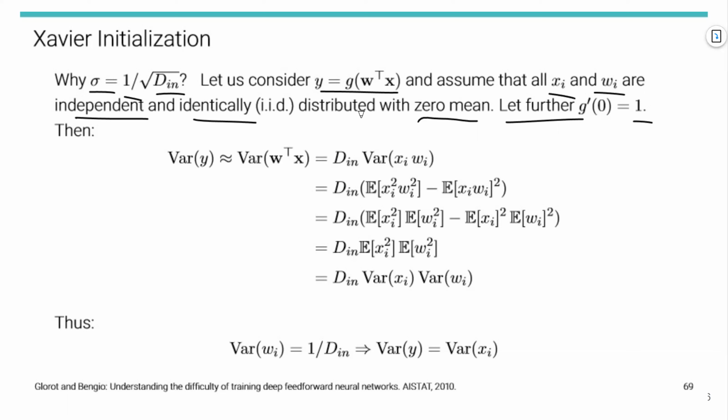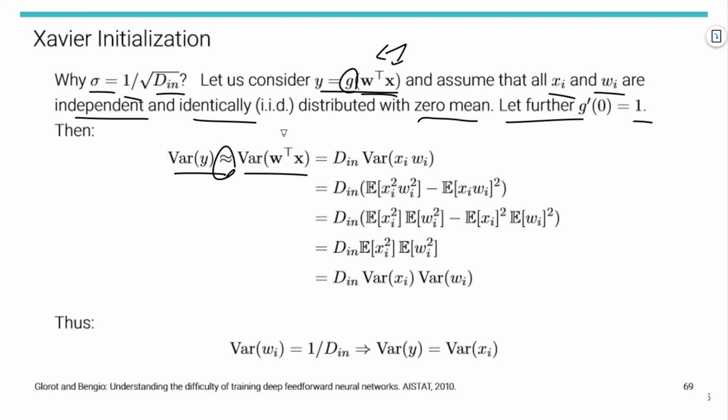We're going to say that the variance of y is similar to the variance of w transpose times x, the dot product between the weight vector and the input vector. Here we're just approximating. We're removing this activation function.